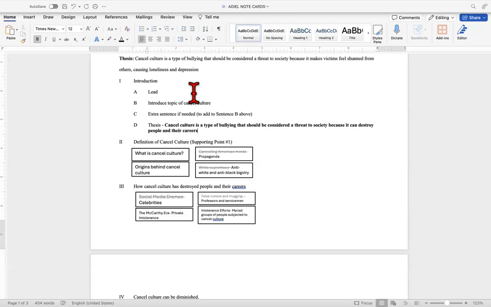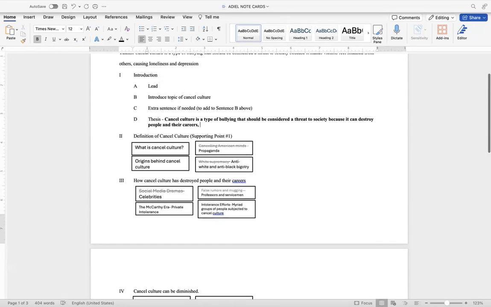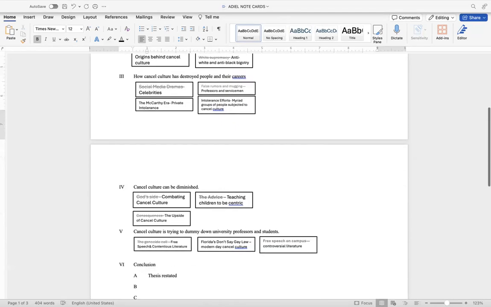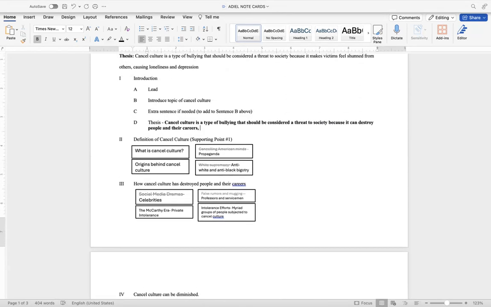Okay, you did the definition first, and then you're going to do the last one, in attempts to quieten or quash, or whatever, universities, professors and students.